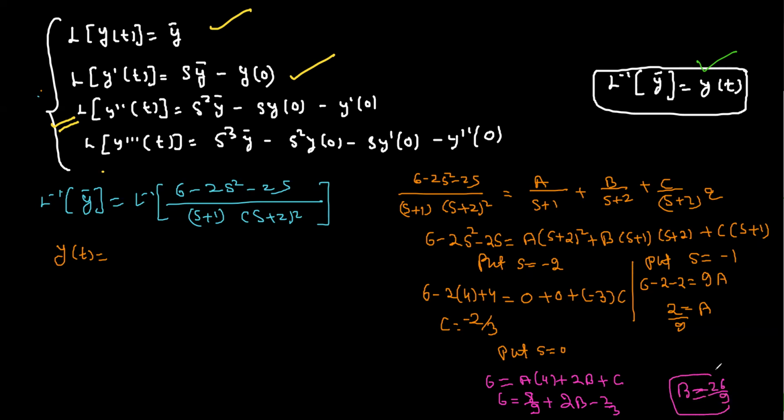Okay, this is B. Now write here Laplace inverse of A is 2 by 9 upon s plus 1, B is 26 by 9 upon s plus 2, and C is minus 2 by 3 upon s plus 2 whole square. Right?